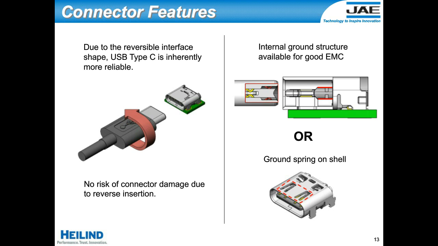Basically, you can cut spring fingers out of the connector shell to create a minimum of 4 ground contact points inside the connector. This is a hard requirement of the USB Type-C specification, so there has to be at least a minimum of 4 ground connection points between the plug and receptacle shell. So that's a good point that all compliant Type-C connectors are going to have good EMC control.